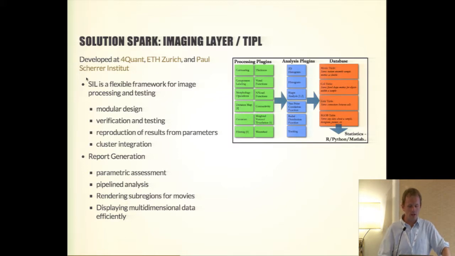It's a flexible framework for image processing and testing, and it gives a modular design with these processing plugins that then go into analysis plugins and scale up to cluster or cloud scale computing systems, and give us the ability to do whatever analyses we want, because you can simply combine the tools as you like, and the ability to do parametric assessments of our samples. So you can see how changing some of the input parameters affects what you finally get out of the system.